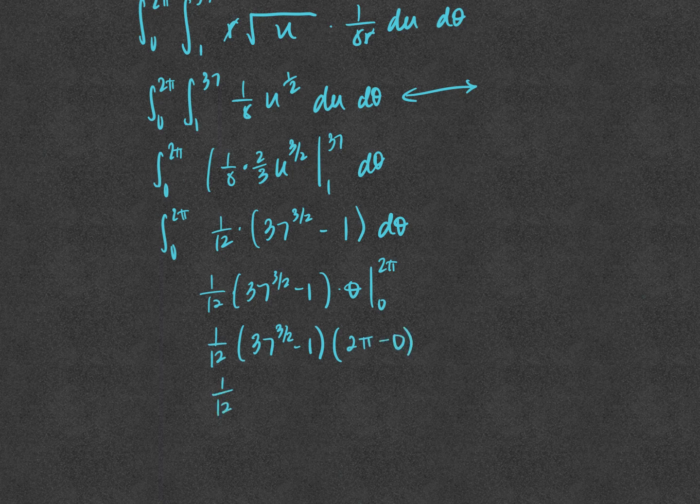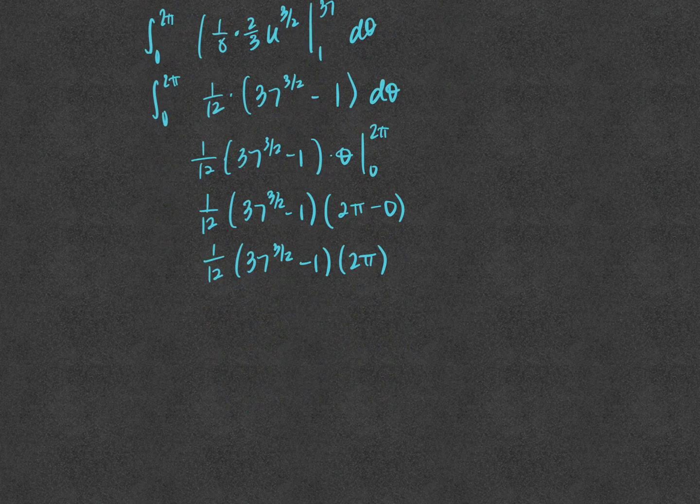Well, that gives me 1/12 of 2 pi is pi over 6. So let's say pi over 6 times 37 square root of 37 minus 1. Now that's our answer, and we're going to stop and be happy with that.